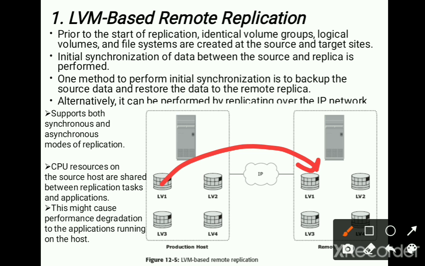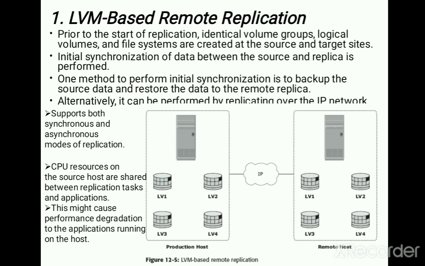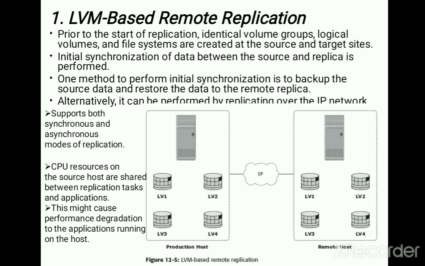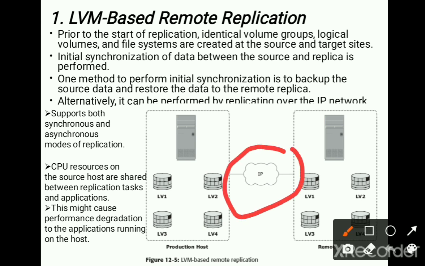The target is going to give the acknowledgement, and from this acknowledgement the host gets acknowledged for the write data, either using synchronous mode, or the host copies the data to the volume manager. The volume manager sends the acknowledgement, and later it is copied to the target site. So both can be adopted in this one, and whenever the data transfer is taking place, it is done using the IP network.